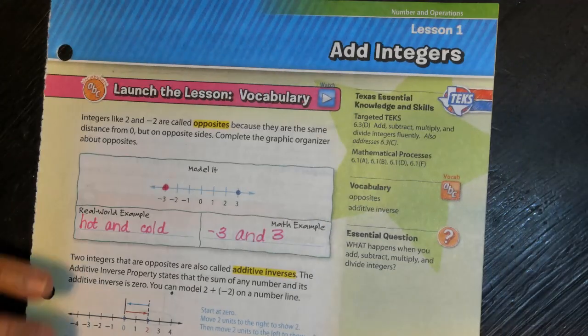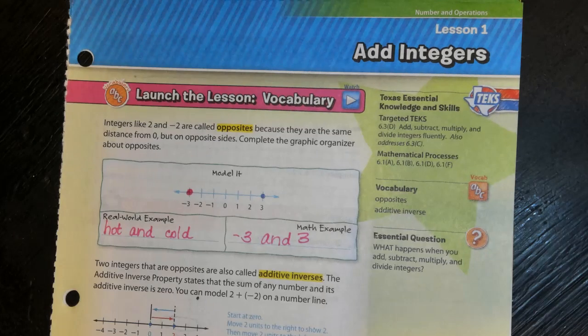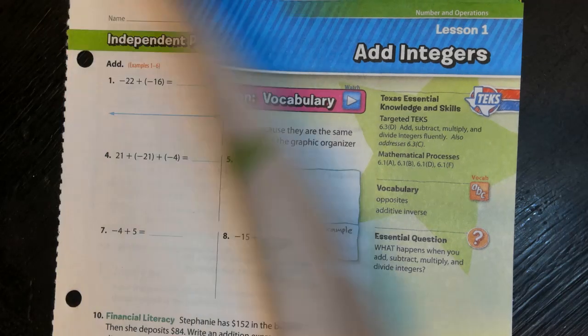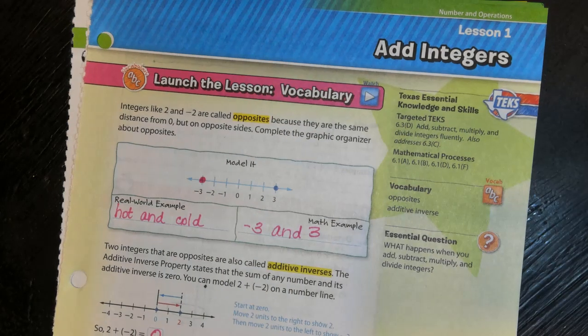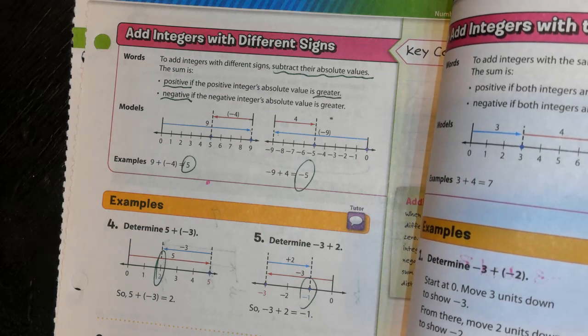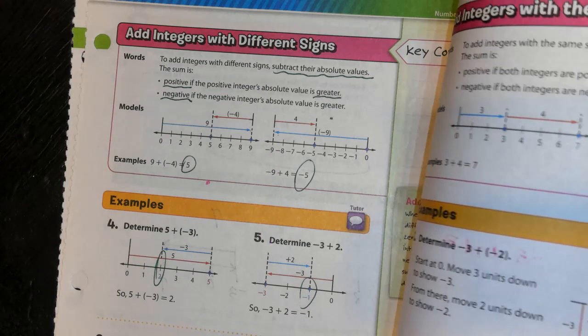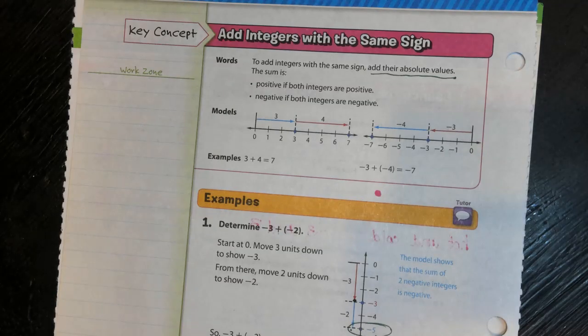If you have any questions, be sure and either ask me at the end of class or see me during win time. But I hope with using the number line, and then we also used our algorithm, because we know that, oh yeah, on the different signs.